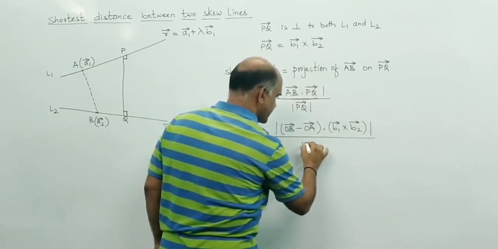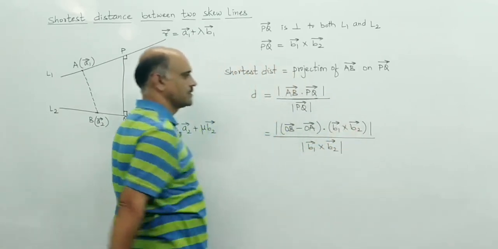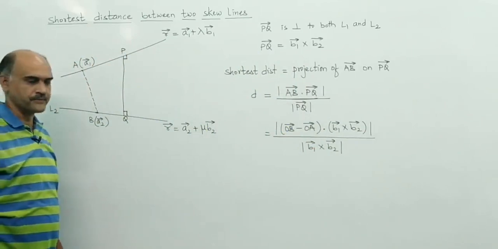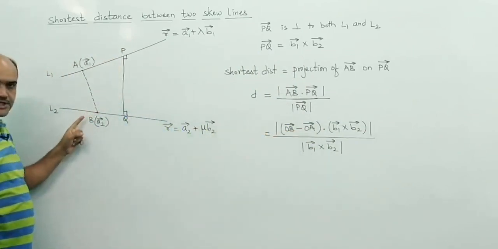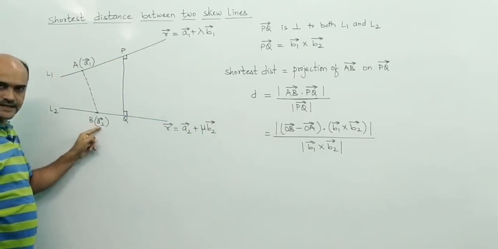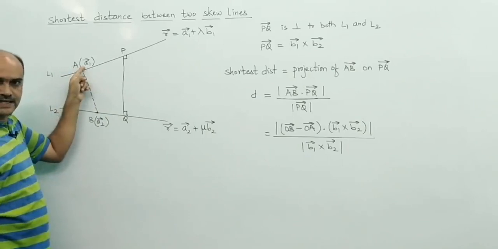So PQ is nothing but B1 cross B2. Now substitute. OB is a position vector of point B, that is A2. OA is a position vector of point A, that is A1.